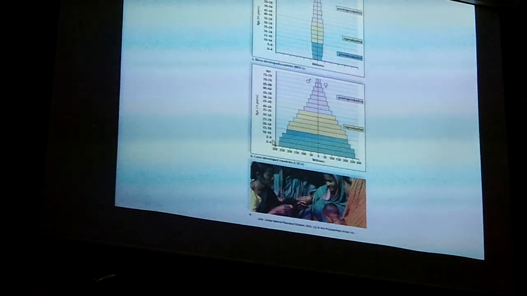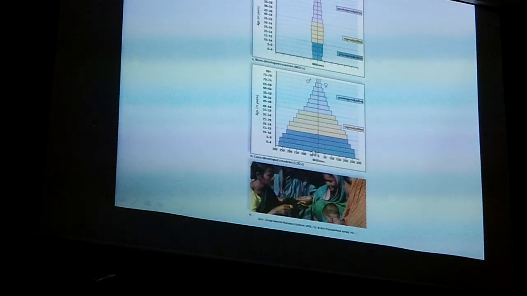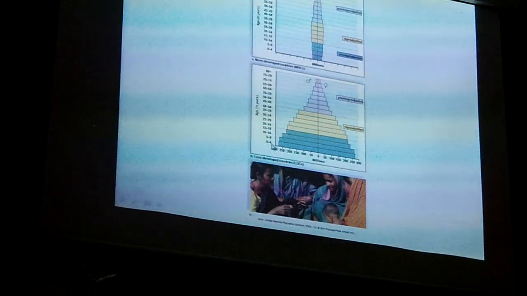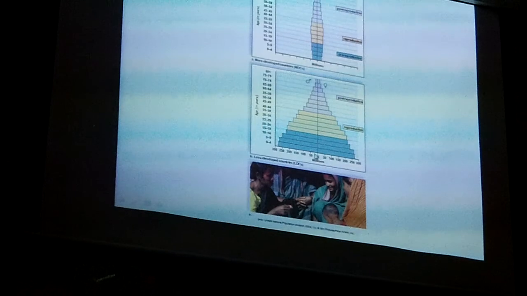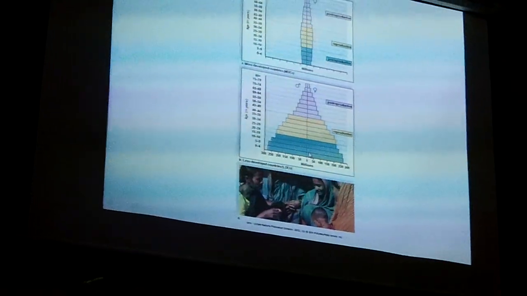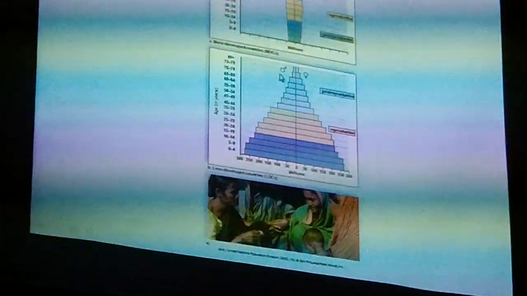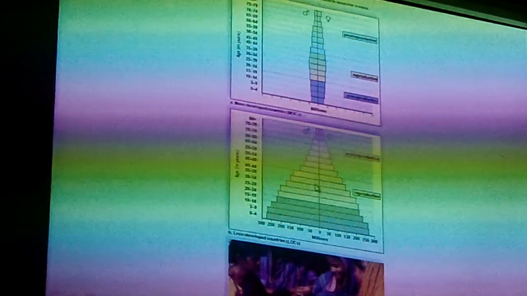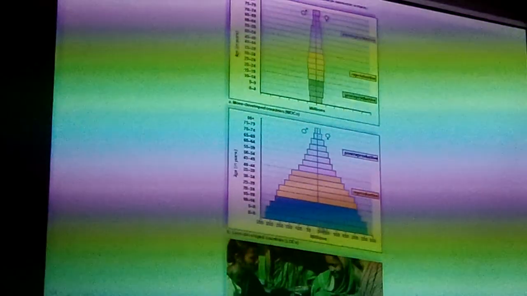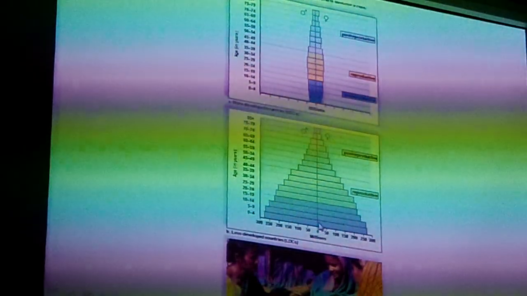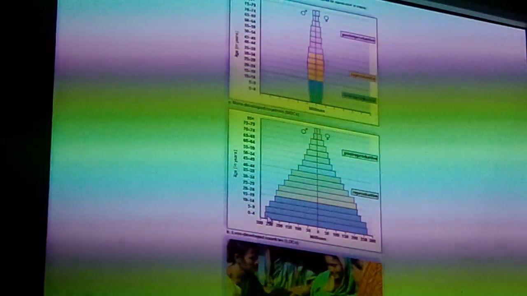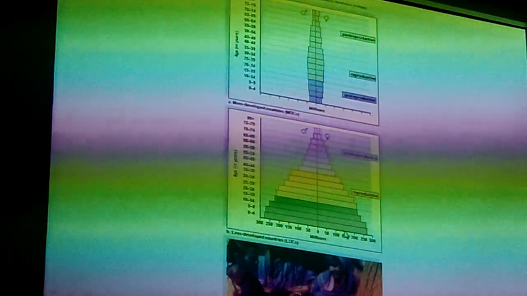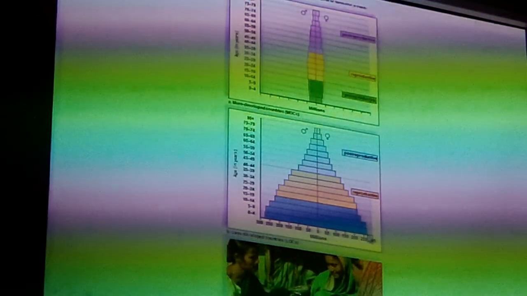This first bar right here is 0 to 4-year-olds, babies, and it shows how many millions of them there are in this population. On the left side of the graph are, what's that symbol, do you know? Males. And on the right side are females. So for babies born in this population, there are about 280 million males and about 260 million females.